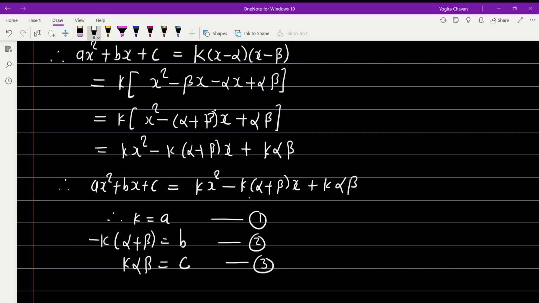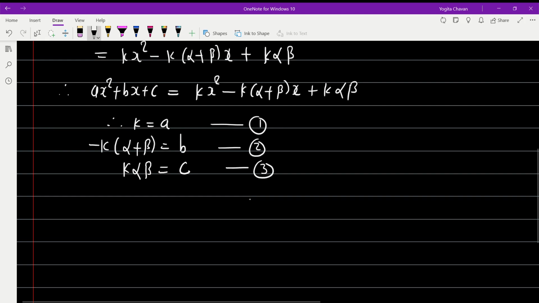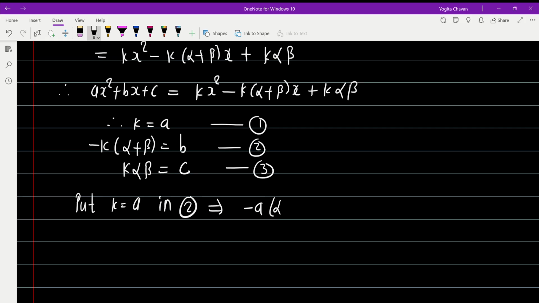Now from 1 we have observed that the value of k is a. So use this value of k. Now put k is equal to a into number 2, so this implies minus a into alpha plus beta is equal to b. Therefore, alpha plus beta is equal to b upon minus a, but this is the same as minus b upon a. So the sum of the roots is equal to minus b divided by a.